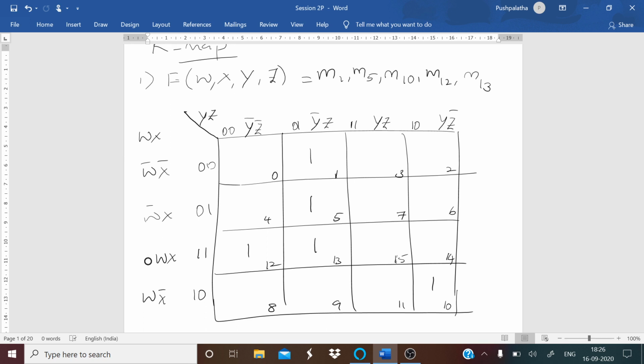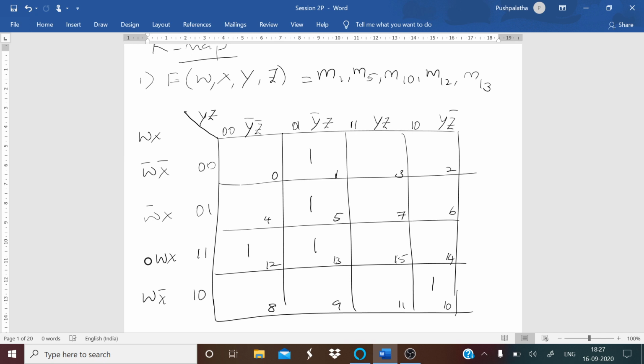Okay. So, what are you going to do now? You are going to make a group. There is no possibility of having an octet, that is 8 ones adjacent to each other. So next you go for your 4 ones, that is a quad. Are there any 4 adjacent ones in this?